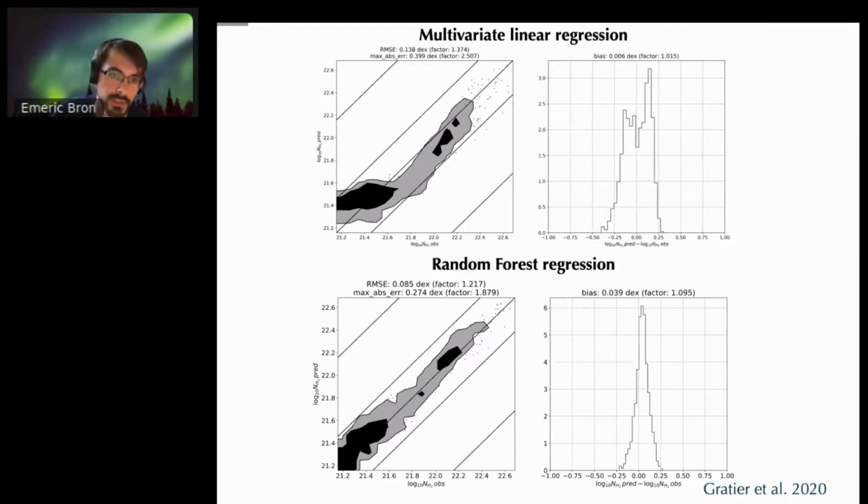So on the left panels, what we see is the predicted column density compared to the actual column density. So the predicted value compared to the truth. So a perfect prediction would be all lined up on the central diagonal. So we see significant biases in the case of multivariate linear regression.